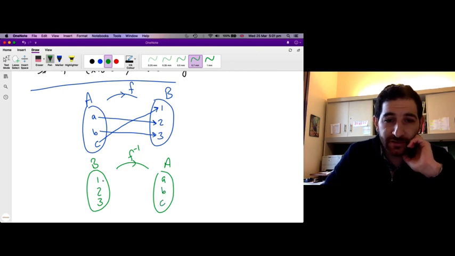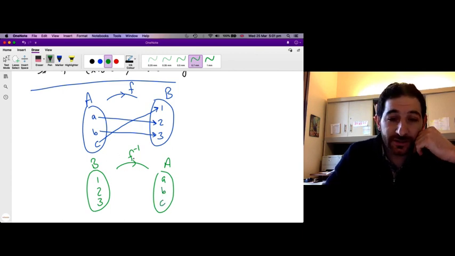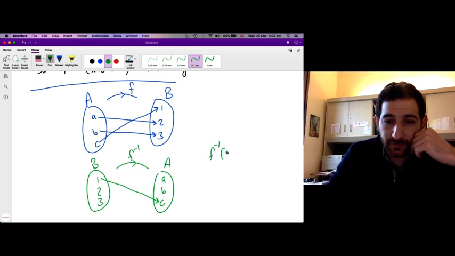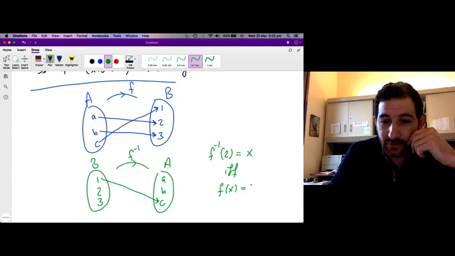Now, what is f inverse of 1? F inverse of 1 is the unique pre-image of 1 under f. So look at 1, the pre-image is C, and so f inverse will assign C to 1. Now, what's the image of 2 under f inverse? So f inverse of 2 is, say, let's call it X, if and only if f of X is 2.